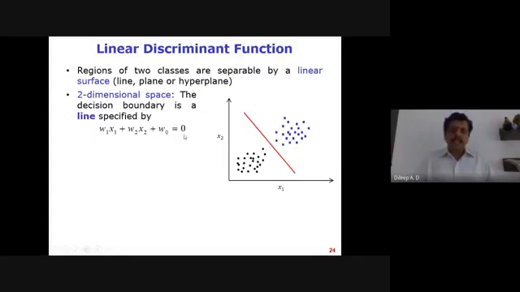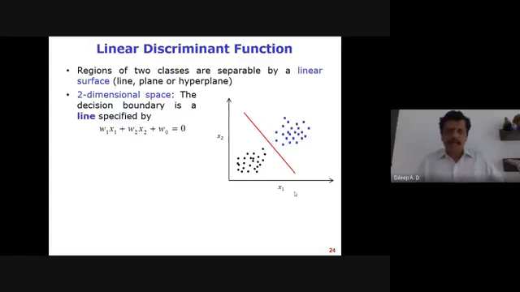Here, x1 and x2 are your data associated with the two dimensions. W1, W2, and W0 are the coefficients of this linear function, and they have to be learned such that the line is positioned in the region of separation of the two classes. That is the goal of learning this linear discriminant function.